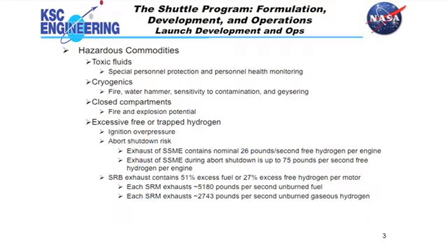So we actually have a hydrogen detonation inside the mobile launcher every launch from each one of those SRB holes, and that overpressure is suppressed by that 1 foot of water. As you can see there, the SRB exhaust hydrogen level is 2,743 pounds a second being exhausted, so it's a tremendous lot of hydrogen.